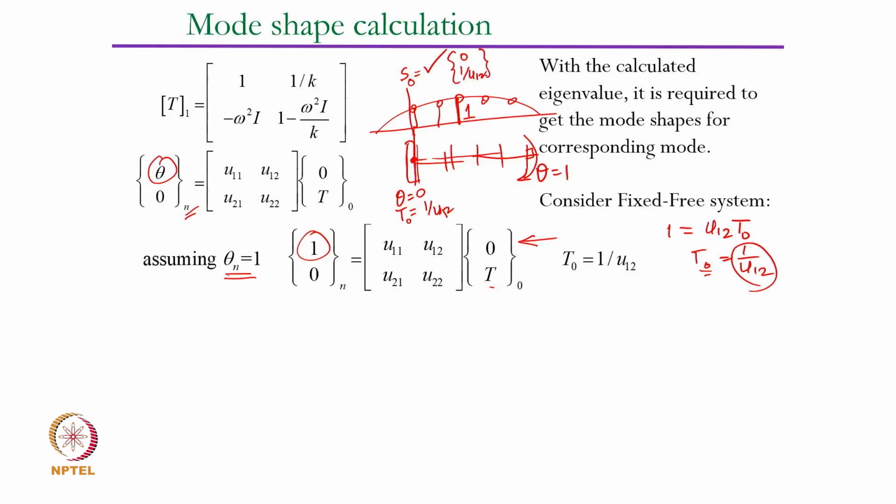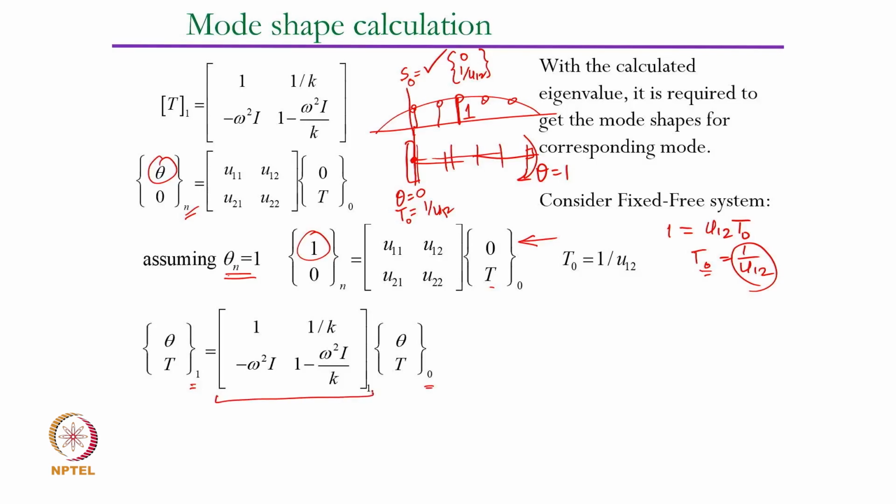Once one state vector is known, it is so simple and straightforward, because you know the relationship between one state vector and the next state vector. So theta t1, the state vector at the end of the first segment, is related to the previous segment through this transfer matrix, where for the first segment omega is known, I is known and k is known, and this is completely defined as I said here.